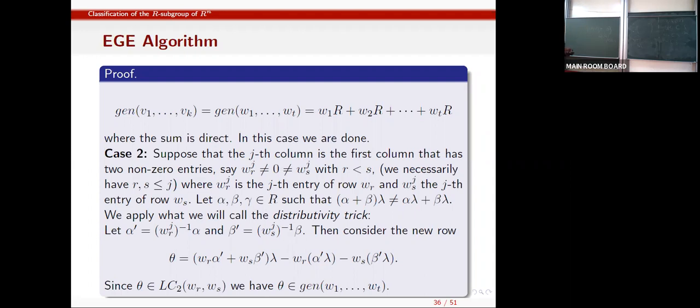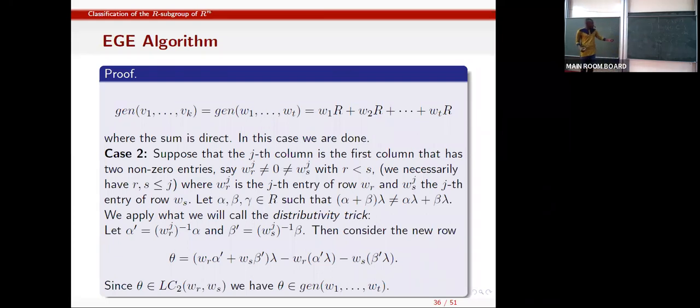But the second case is, we suppose now that for the J-th column, we have two non-zero entries at the rows WR and WS. So we have maybe WRJ, WSJ here.